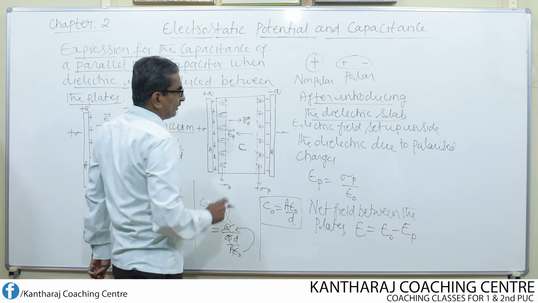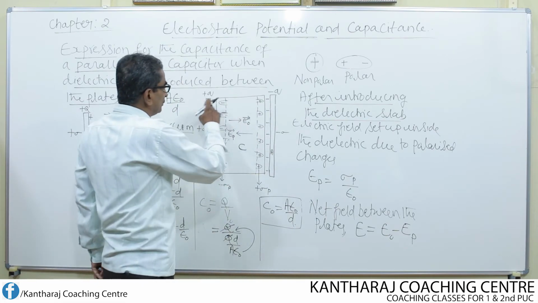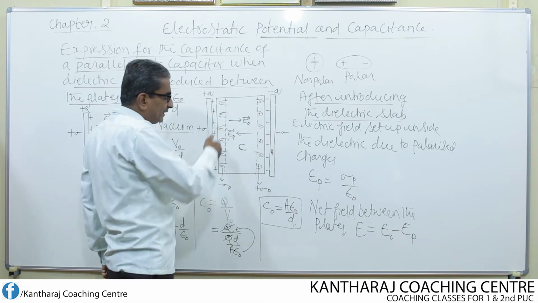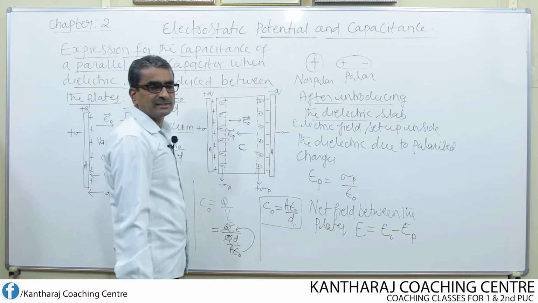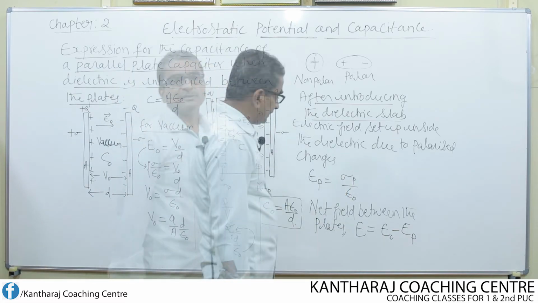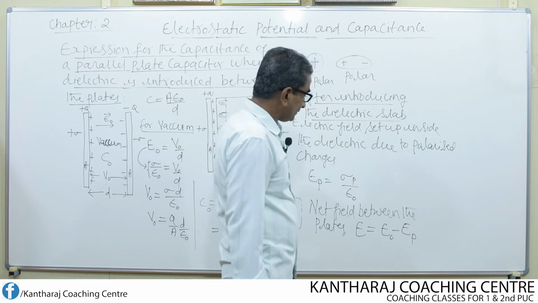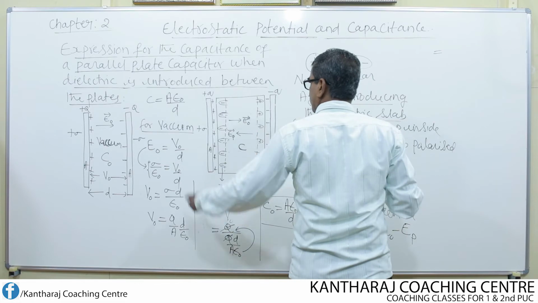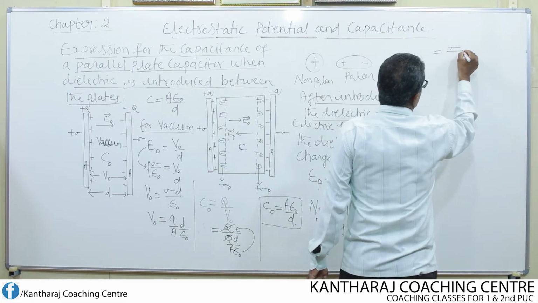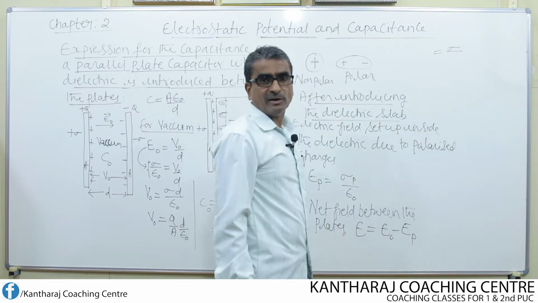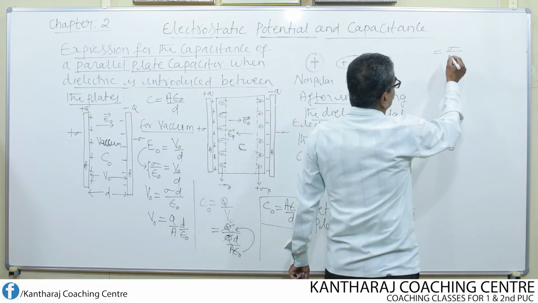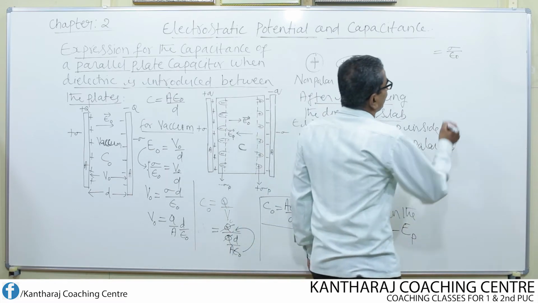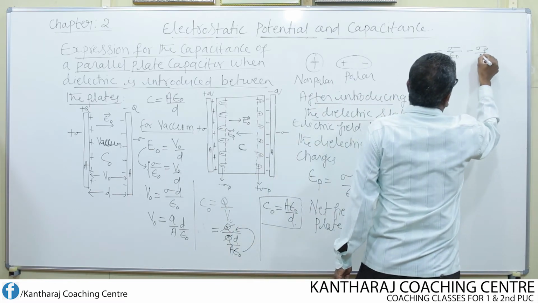So if I write E naught as the electric field due to the charged plates and EP as the electric field due to the induced charges, then the net field inside the dielectric reduces. We know that E naught is given by sigma divided by epsilon naught. What is EP? Sigma p divided by epsilon naught.